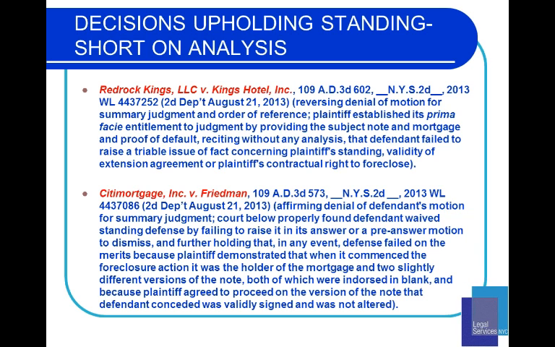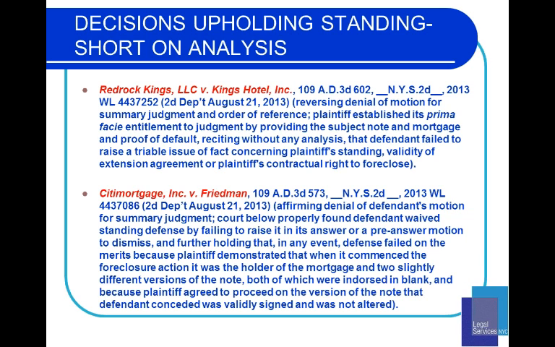So we'll get to that whole issue of waiver of the defenses, but it also held that in any event the defense failed on the merits because the plaintiff demonstrated that when it commenced the action, it was the holder of the mortgage. It's strange to me that they reached that conclusion because they actually recite some facts that make it sound like there's something highly suspicious here.